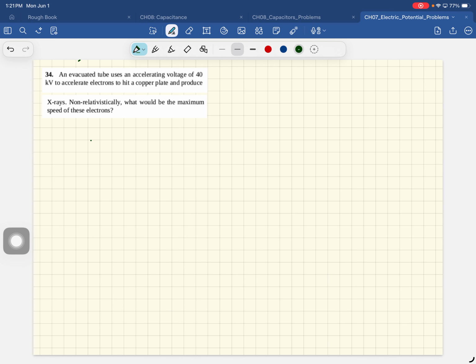Okay, so there, ionization energy of hydrogen from the second level is 3.4 electron volts.